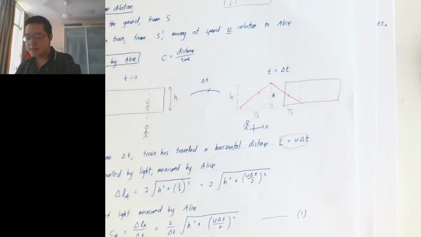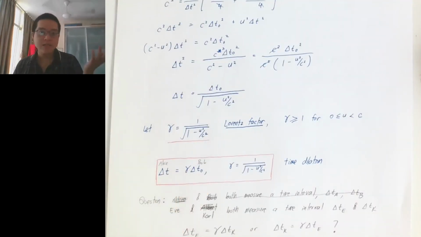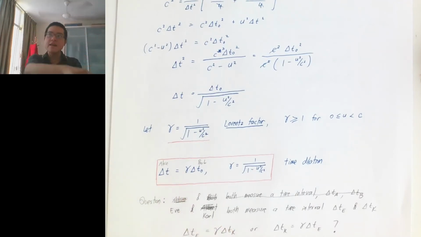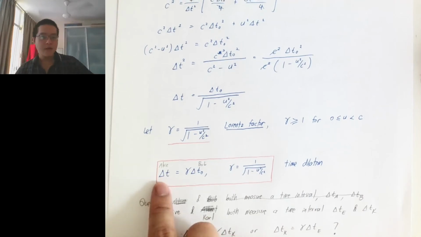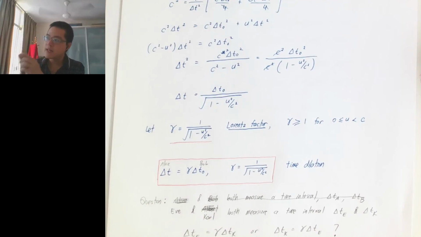The time measured by Alice is gamma times the time measured by Bob, and gamma is always larger than 1. So if you see a laser in another frame, it will take a longer time compared to if you are Bob, together with the laser. If you are together with the laser, you will measure the proper time.